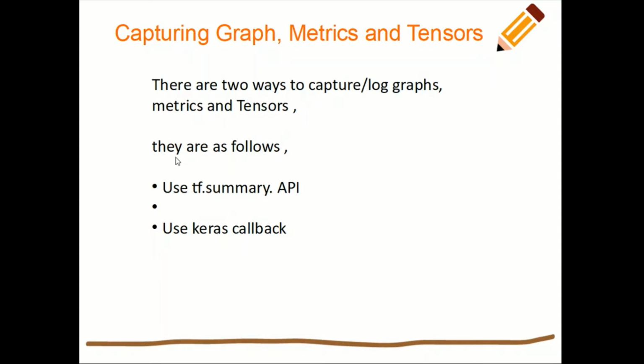First, we can use a more basic API called the tf.summary API, and the second, higher-level API for capturing all the metrics, graphs and tensors is to use a Keras callback. There is a concept of a callback function in Keras, and we can use it to capture the metrics, graph and tensors, and make them available for visualization in TensorBoard.